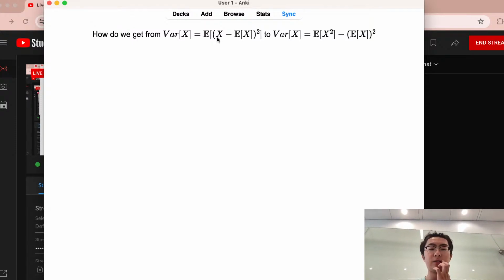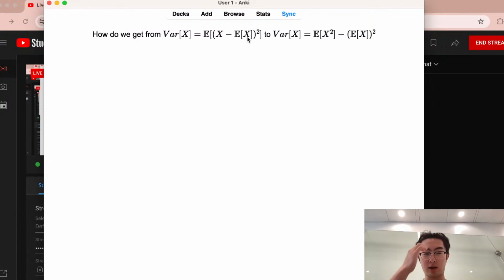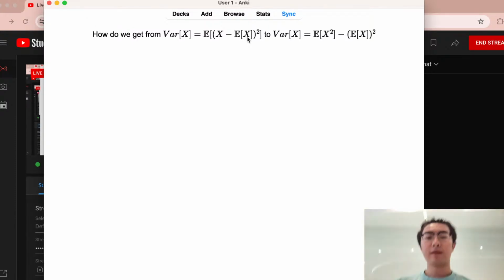So we have x squared minus x times expectation of x, minus x times expectation of x, plus expectation of x squared. So we have x squared minus 2 times x expectation of x plus expectation of x squared. Okay, so that's a lot. But then we have the idea of the linearity of expectations.